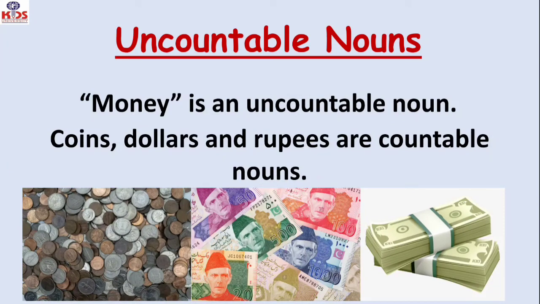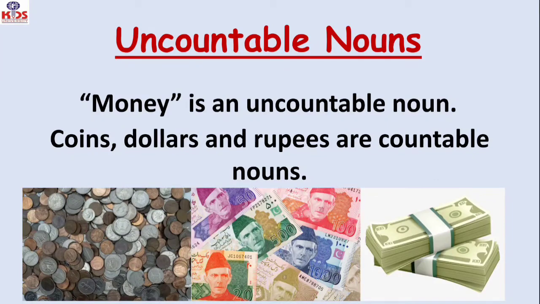In the same way, the word money is an uncountable noun. I know it's a bit tricky because you think you can count money. Yes, you definitely can, but in English, the word money is a category and it's an uncountable noun. We cannot say I have 5 money, and we also don't add s or es to money.